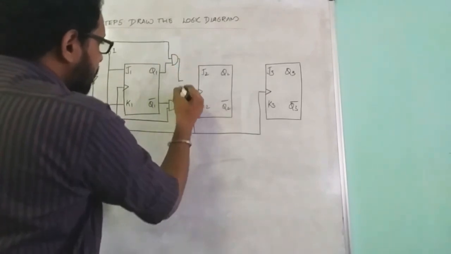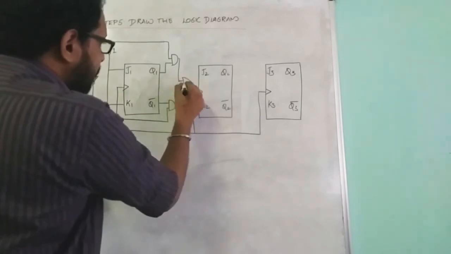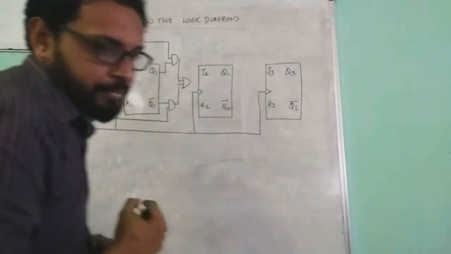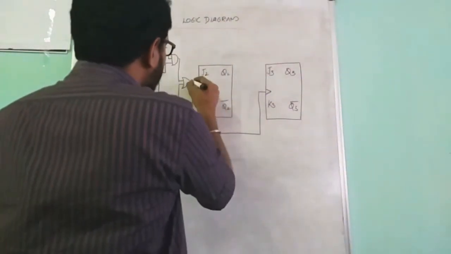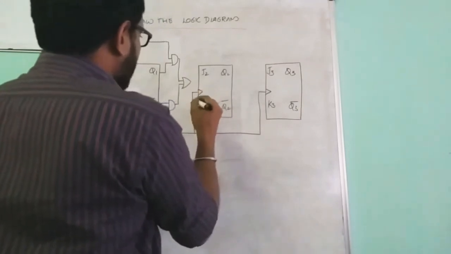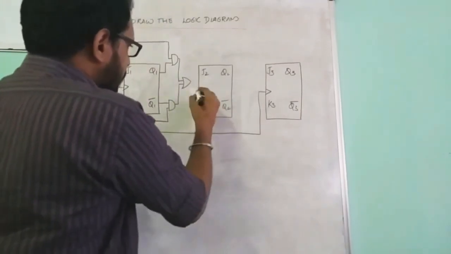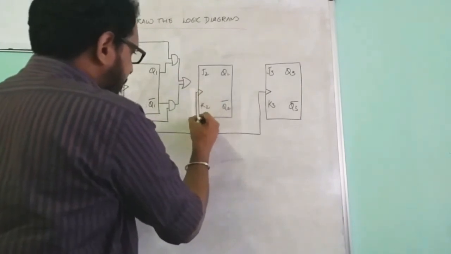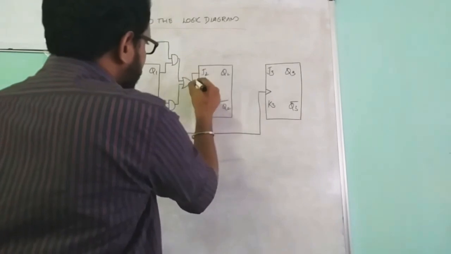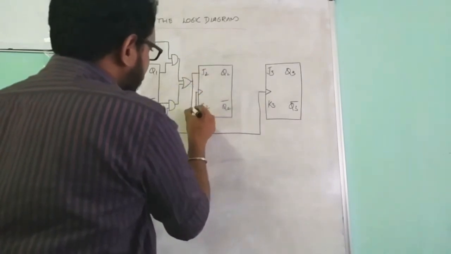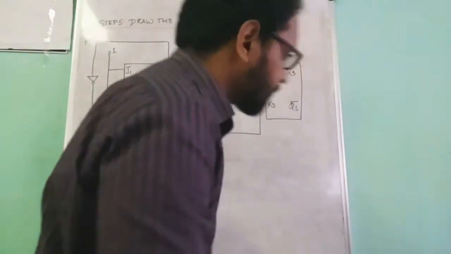OR means the plus operation. Okay, and from there we take J2 and K2. They are the same values, right?